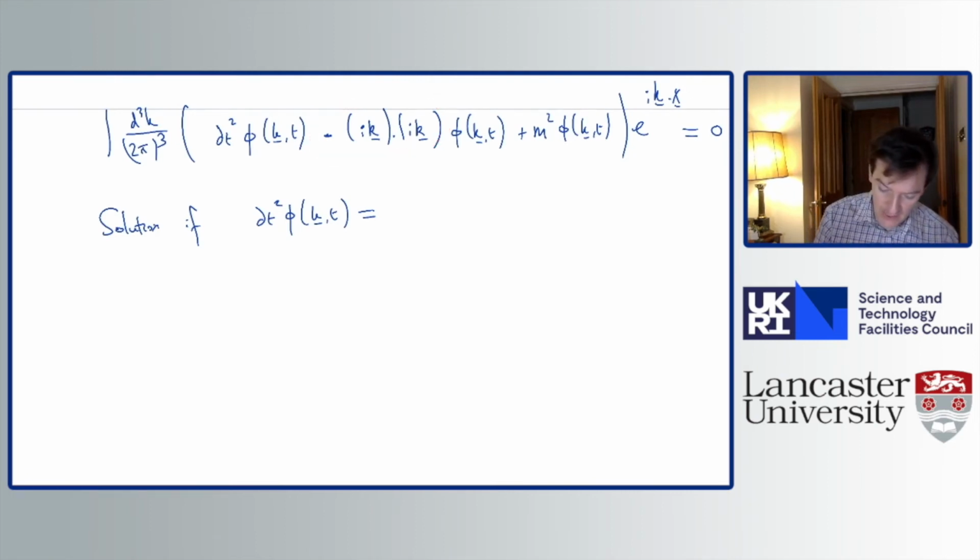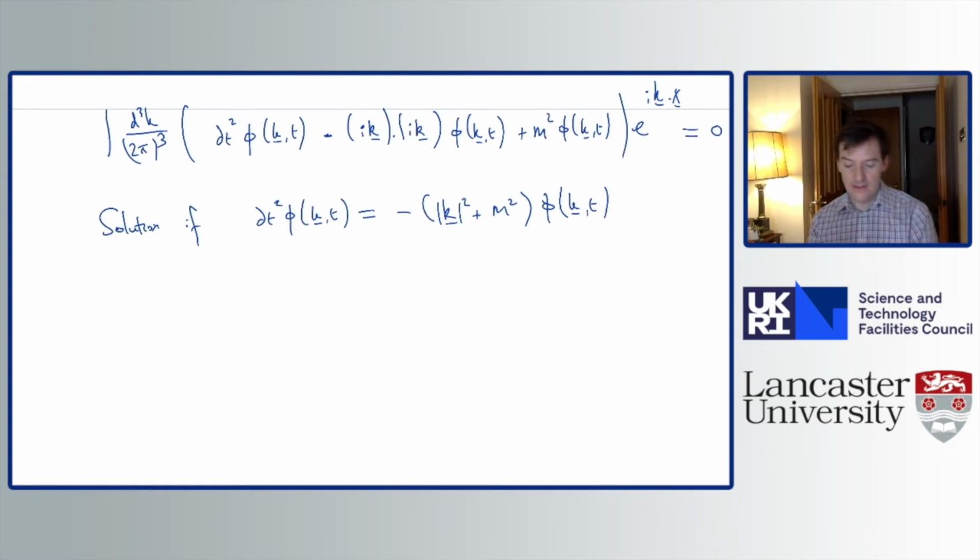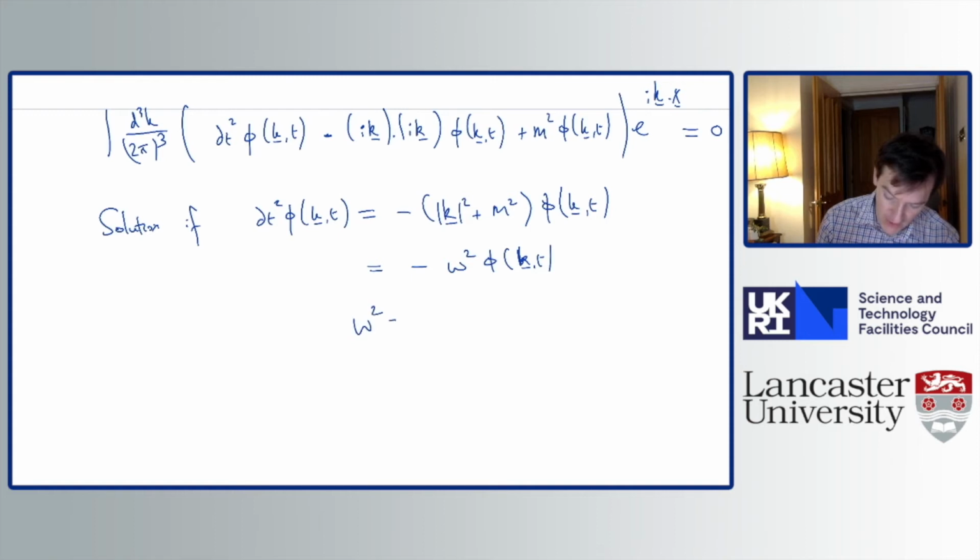I'm going to bring it across to the other side, so we get a minus k squared plus m squared times the function. Okay, and I'm going to write this as minus omega squared phi. So I'm introducing omega squared, which is equal to k squared plus m squared.